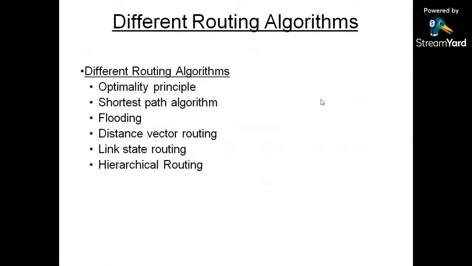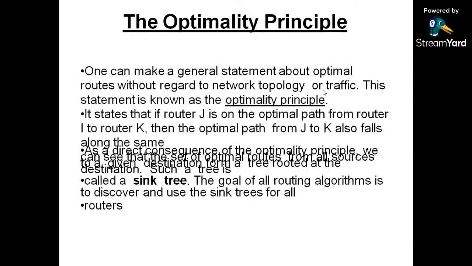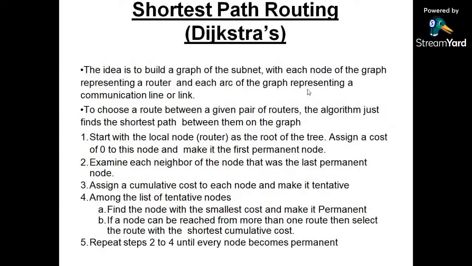So different routing algorithms are used here. First is the optimality principle, which we studied already. Now today we start with the shortest path algorithm, then flooding, distance vector routing, link state routing, and hierarchical routing. Shortest path routing we also call Dijkstra.